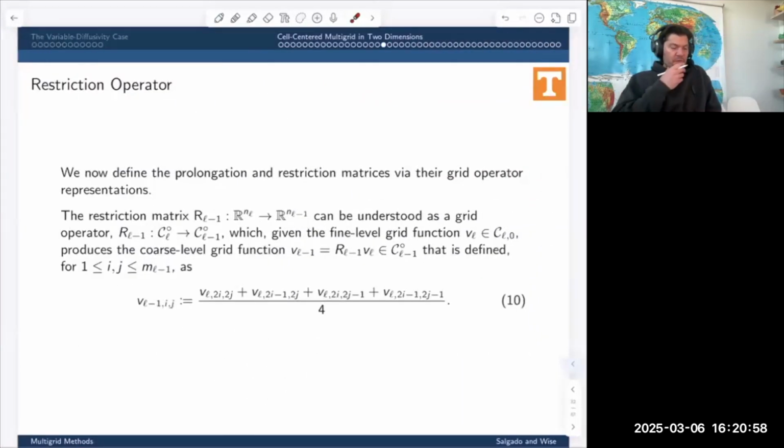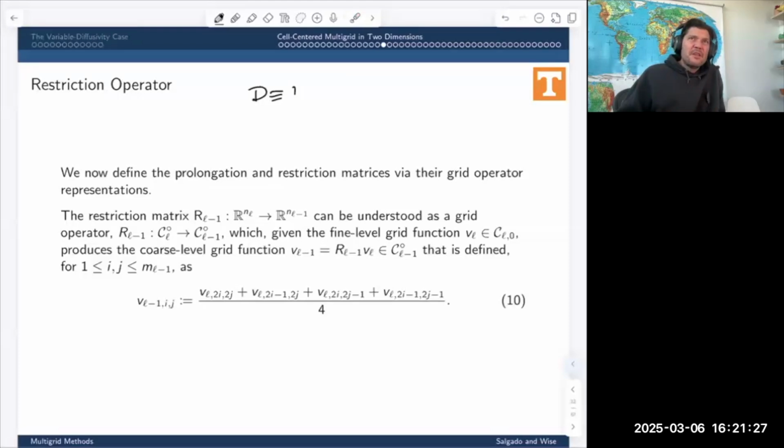All right, now we've gotten, at least for this constant diffusivity case that we're talking about now, where D is everywhere equal to 1, the next piece of the multigrid puzzle: you need to tell me what to do for prolongation and restriction. It turns out that this is much easier to explain via a picture than any other way.